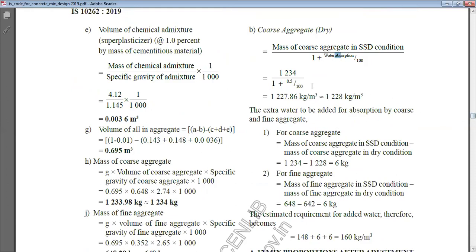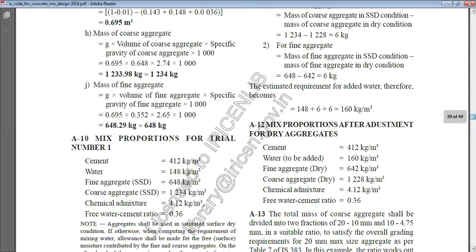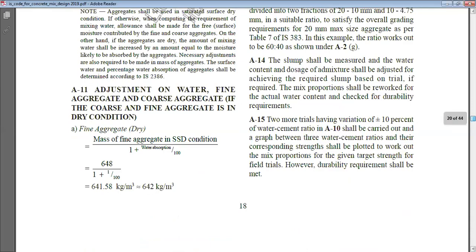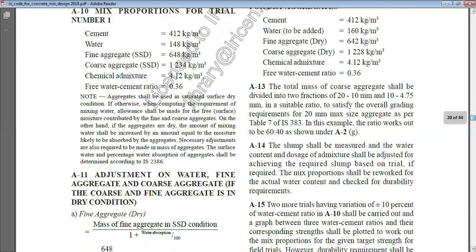If you are using surface dry aggregate, this quantity of aggregate you can add. If you are using dry aggregate, it means this weight, that is 1228, and 642 kg of fine aggregate you need to add.